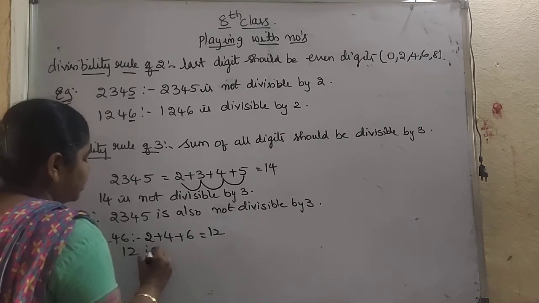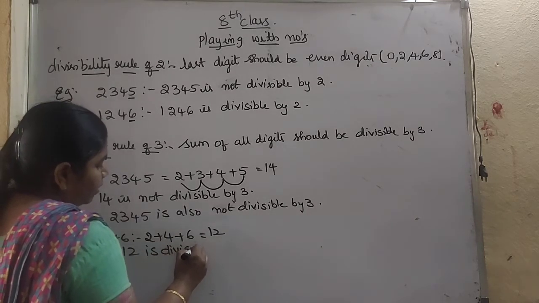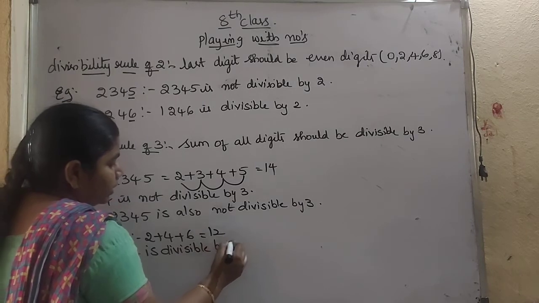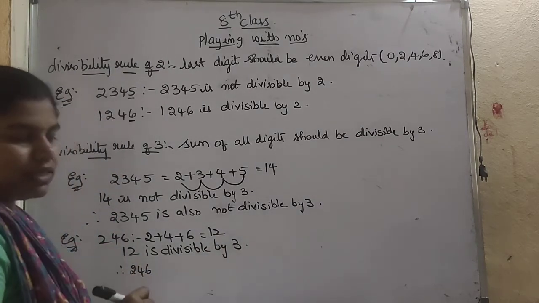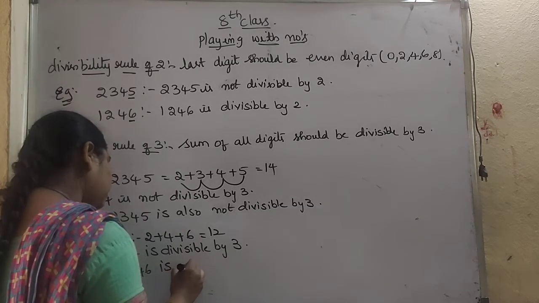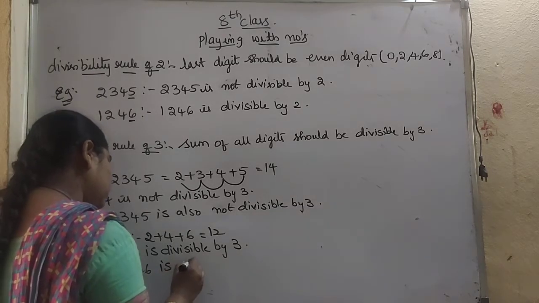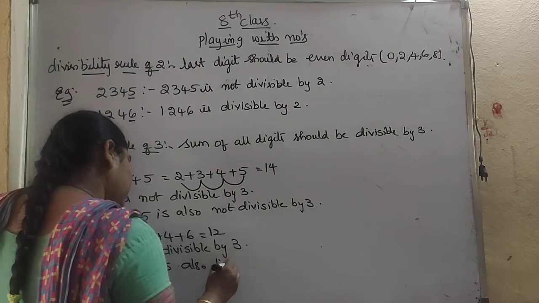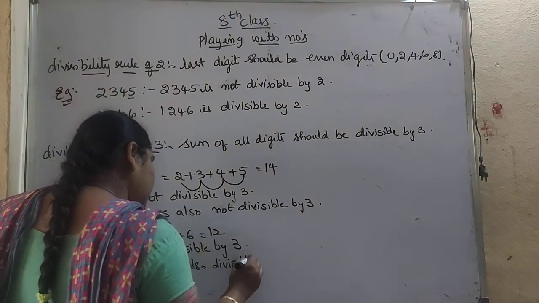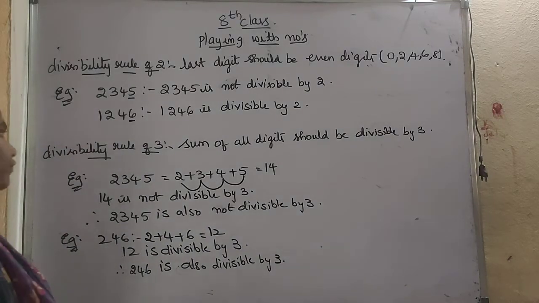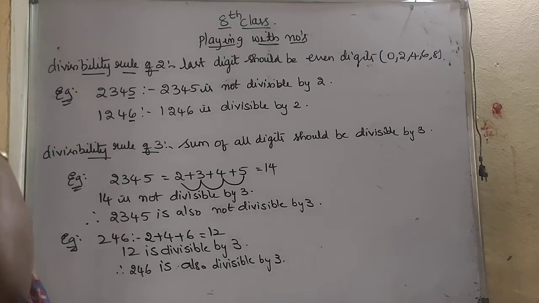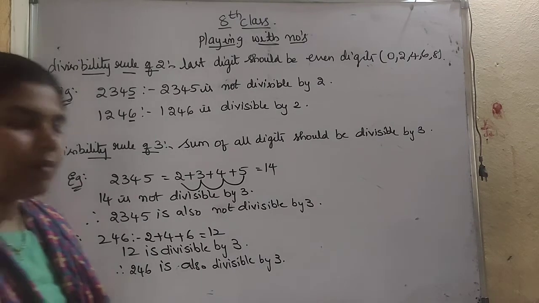Therefore 246 is also divisible by 3. So this is our divisibility rule of 3. The sum of all digits should be divisible by 3.